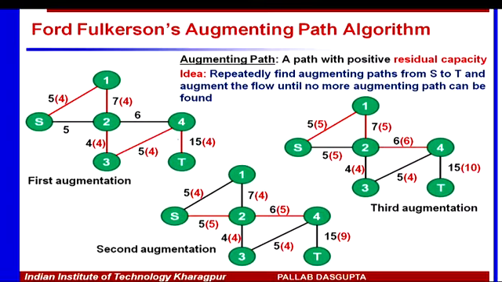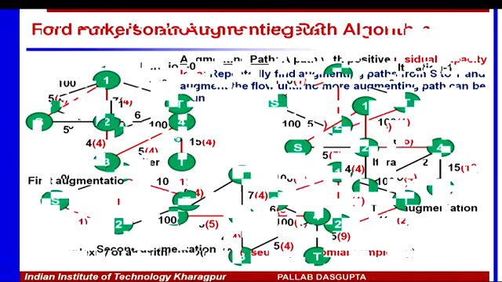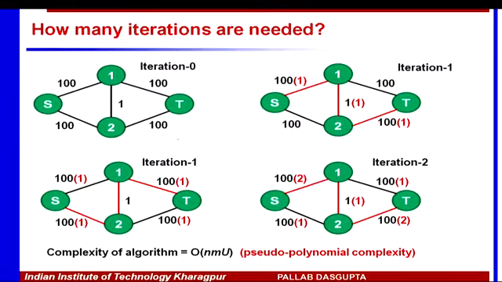So the question boils down to how many iterations do we need? And as it turns out, if we don't do things smartly, then that can be really bad. Look at this particular example.